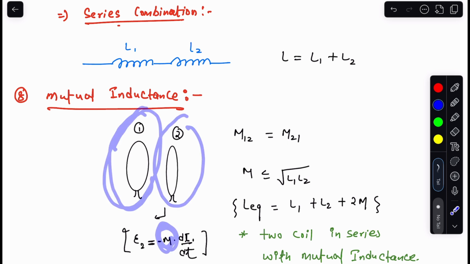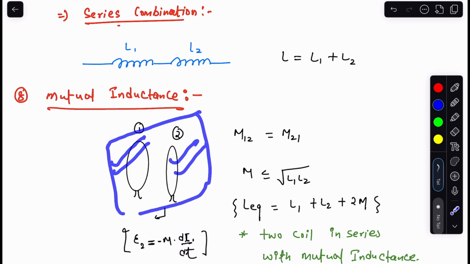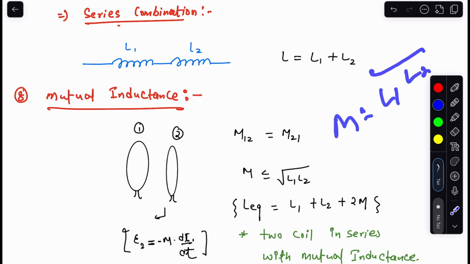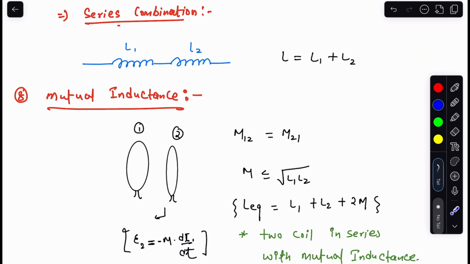It means I am changing the current in the first one, and that is generating the EMF in the second one. In a perfect combination, where these two loops are kept coaxially, I have calculated that M equals root of L1 L2. If that is not perfectly coaxial, then it will be less than root of L1 L2.